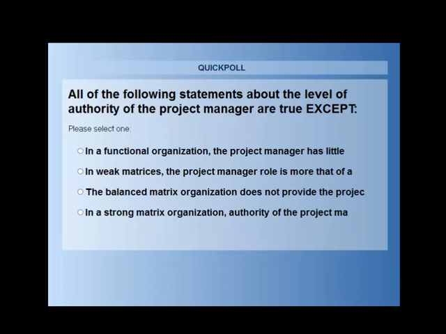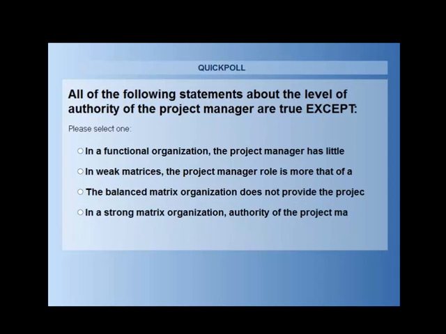Okay, I launch the poll and get you maybe to answer the question. You're dead right. So answer D is correct.